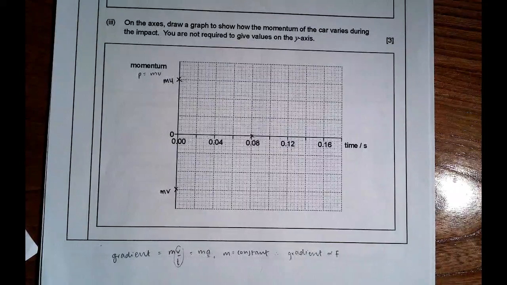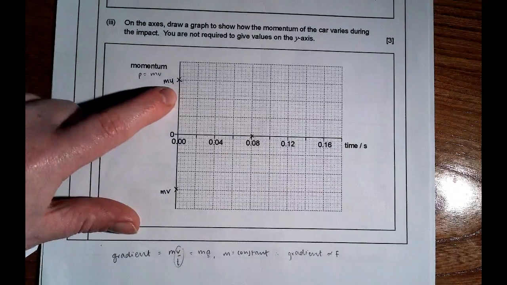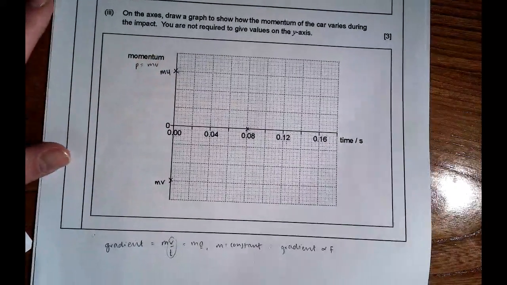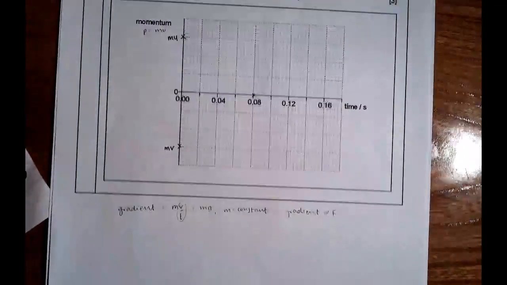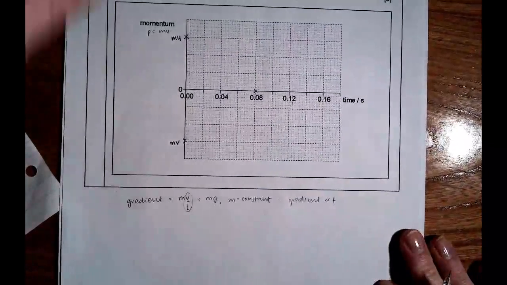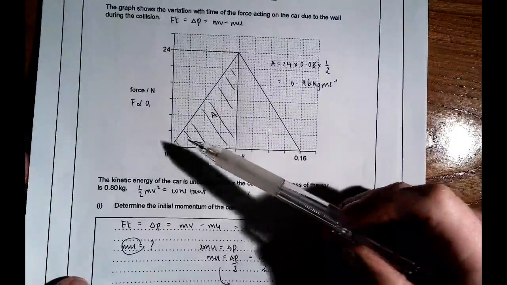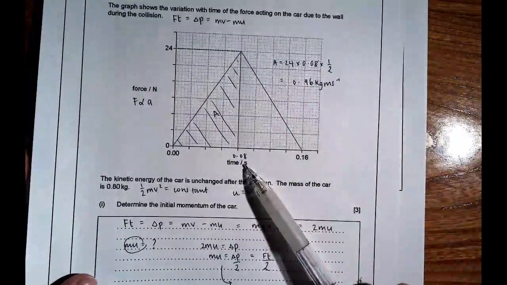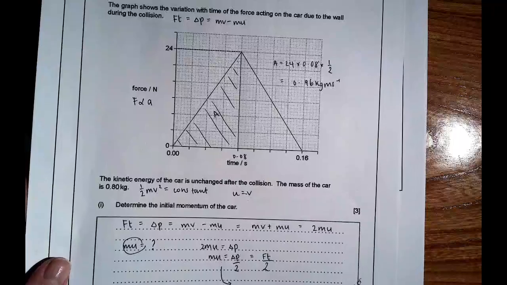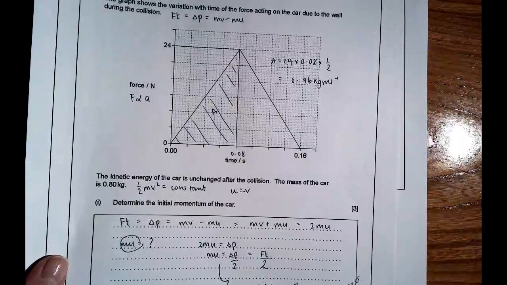You don't need to quantify what that number is, but it's important to get your general shape. We know that the momentum is equal to m times velocity at any point. And we also know that if the force increases up to 0.08, then so does the acceleration for a constant mass.